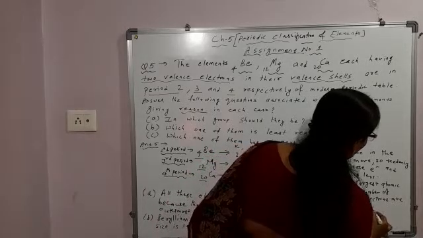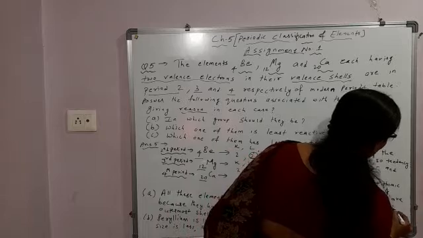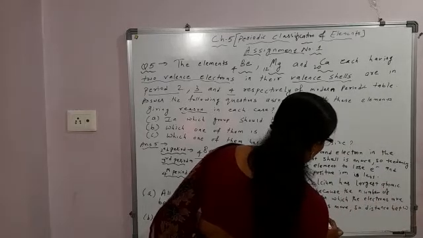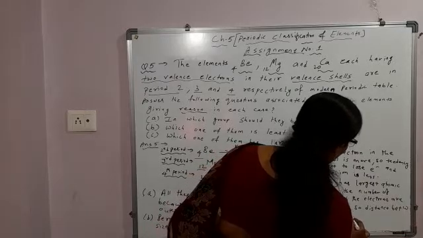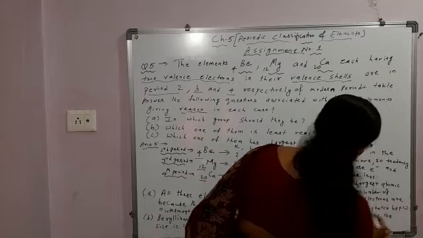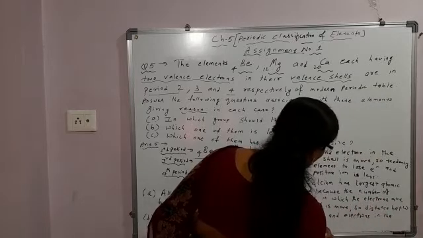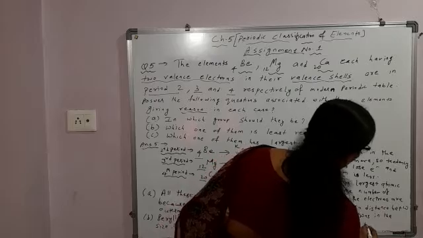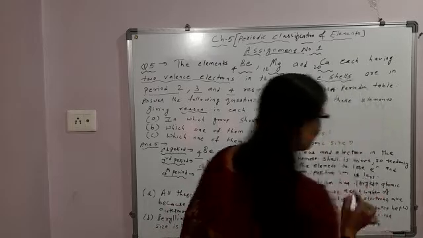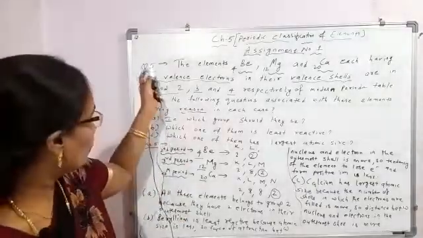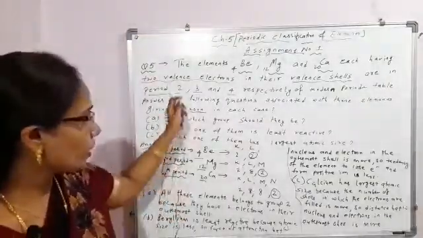So distance between nucleus and electron in the outermost shell is more. So it has the largest size. Okay. So this way you will give the answer.